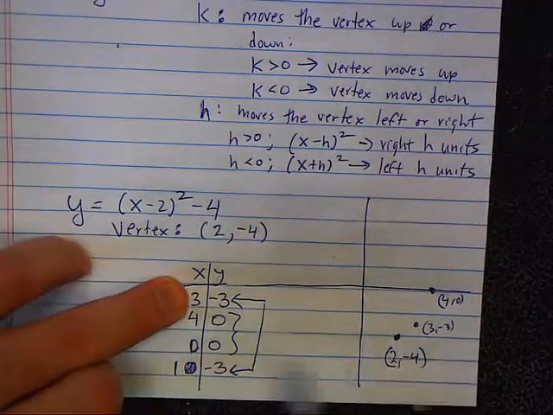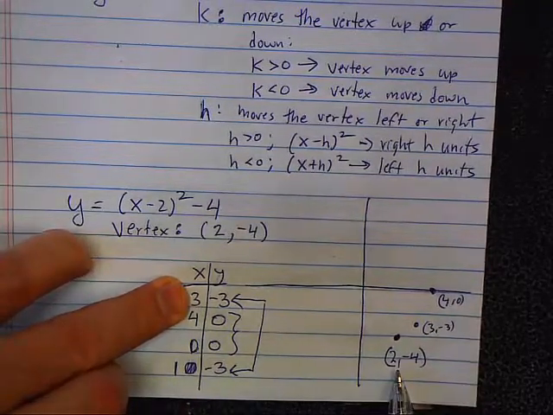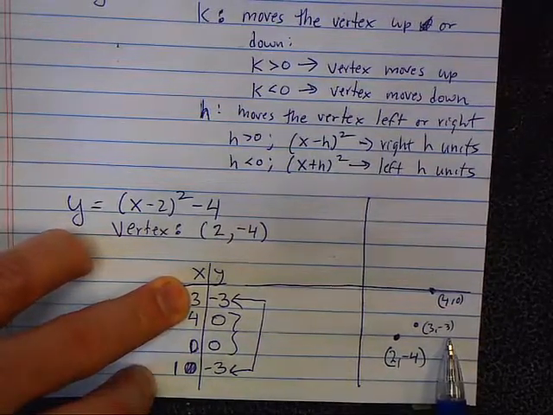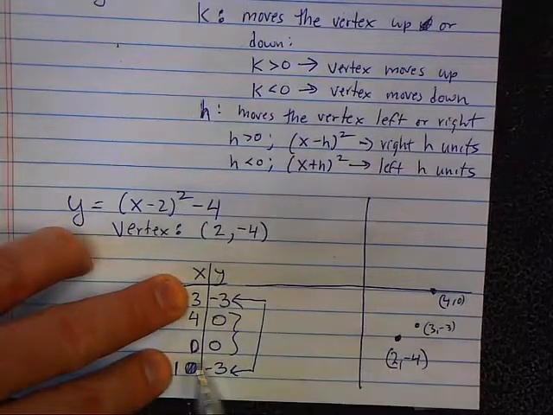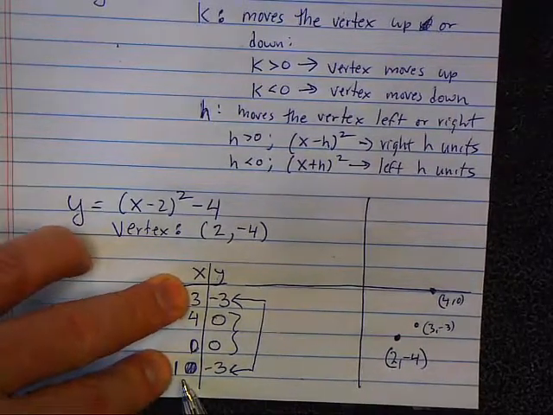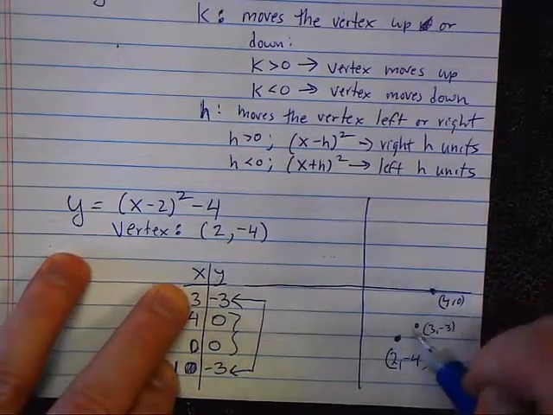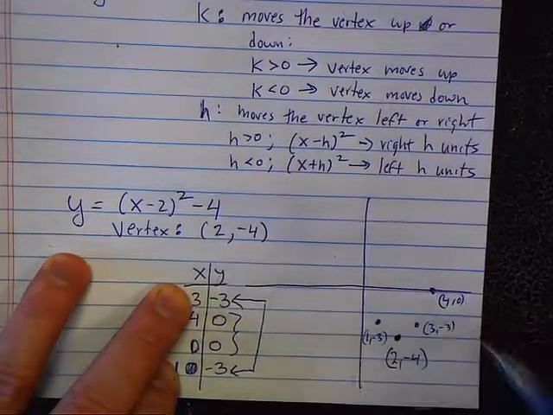How far away is the number 3 from the number 2? 1 unit away. And when I plugged in 3, I got negative 3. On the other hand, how far away from 2 is the number 1? It's also 1, and I got the exact same answer, didn't I? I got 1, negative 3.